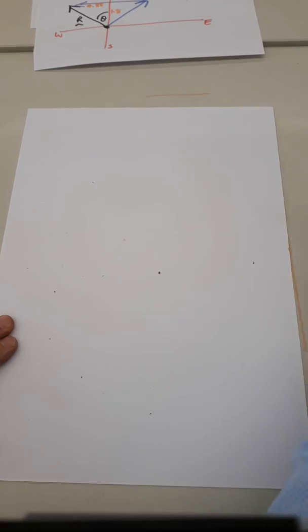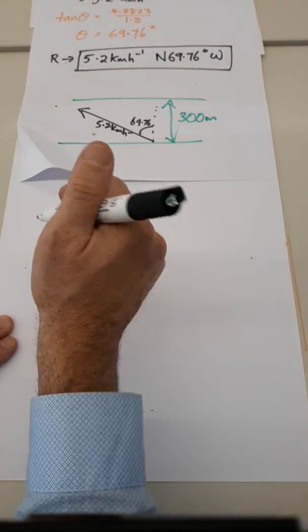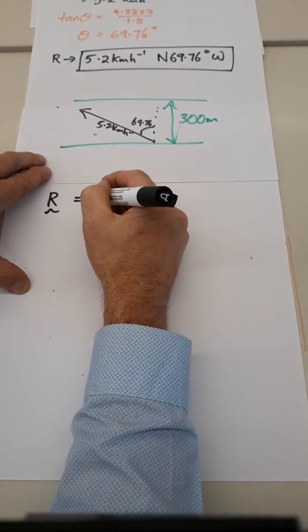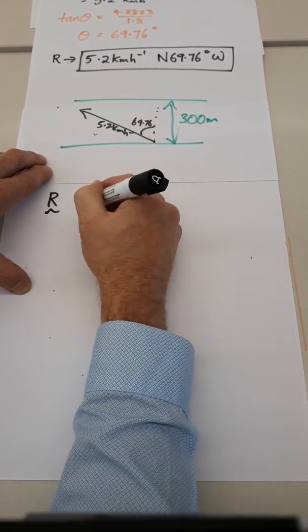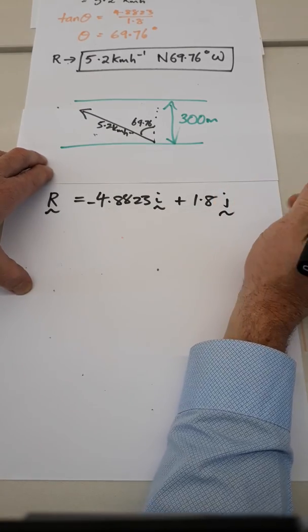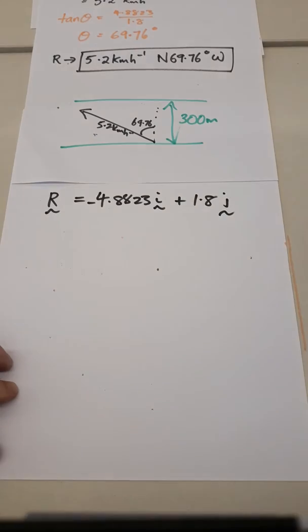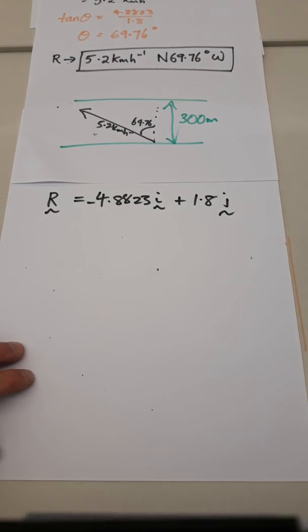So if the vector we're talking about is 4.8823 in the x direction, negative, and 1.8 in the y direction, then there's 1.8 heading up there, 1.8 kilometres per hour heading in that direction.